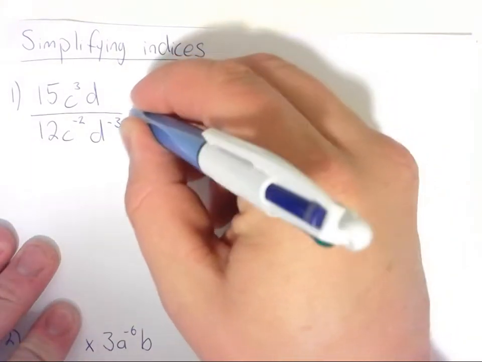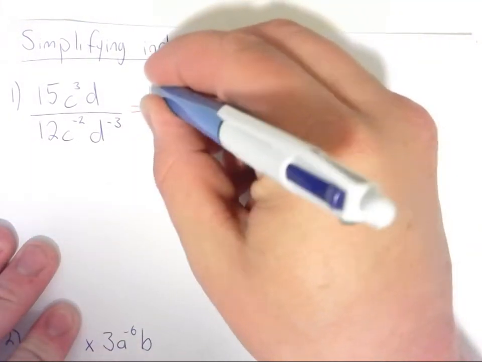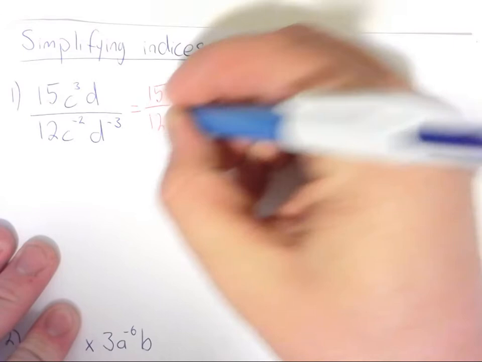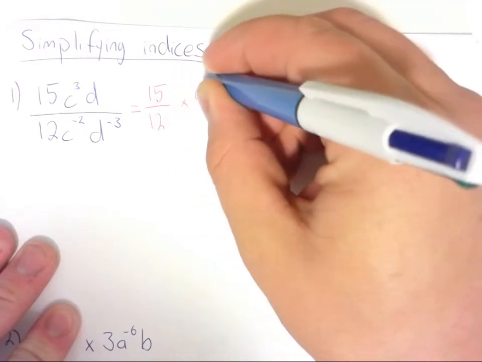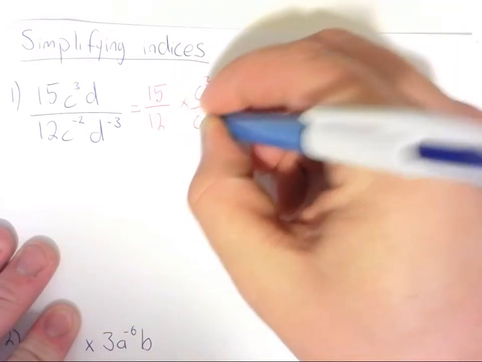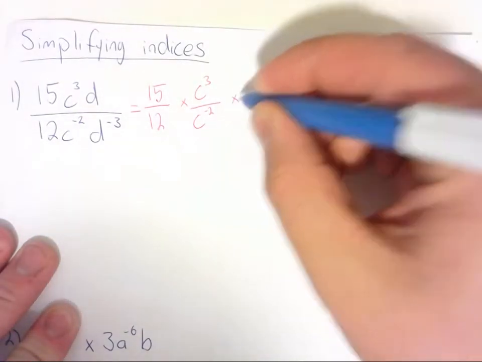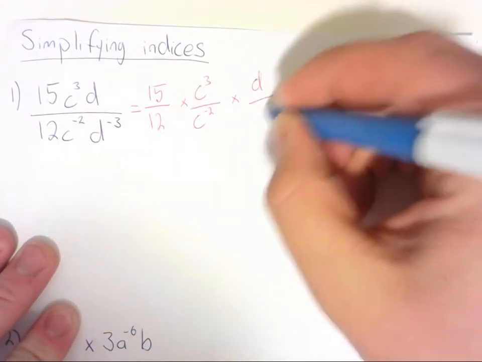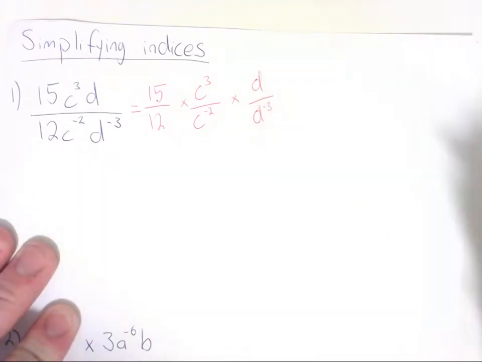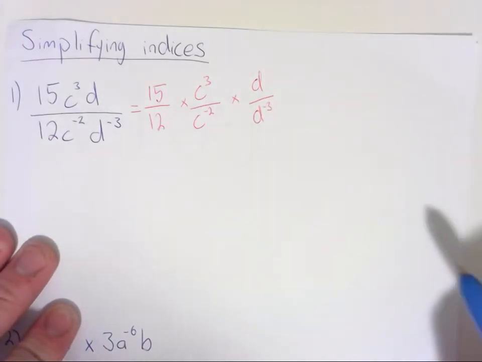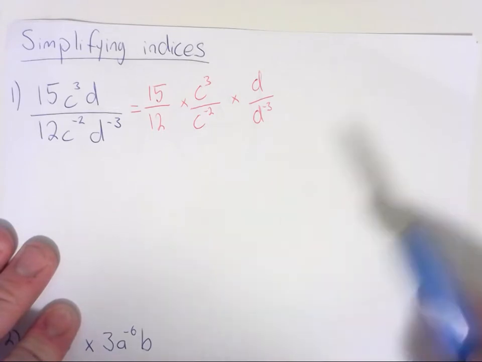So, for this one, I'm going to split it up into 15 over 12 by c^3 over c^-2 by d over d^-3. Now I just go through and do each one as it comes.